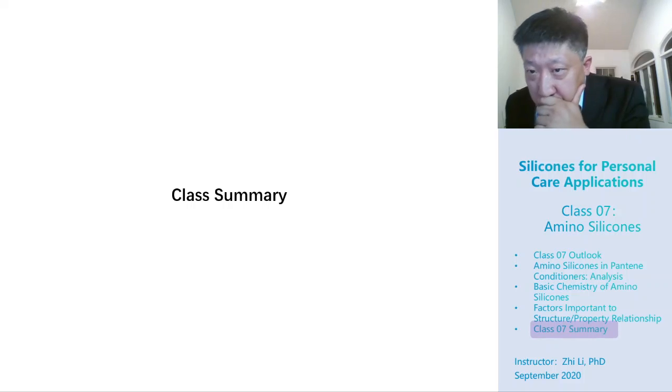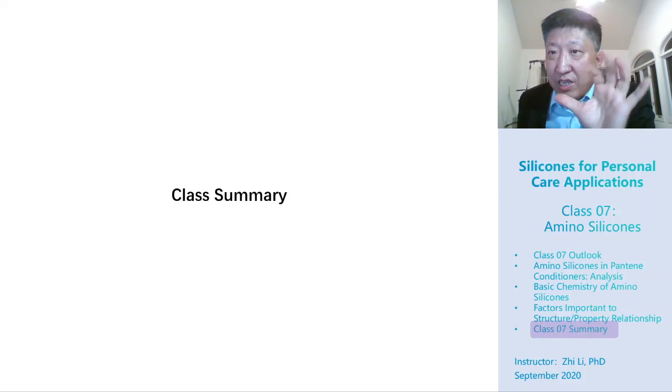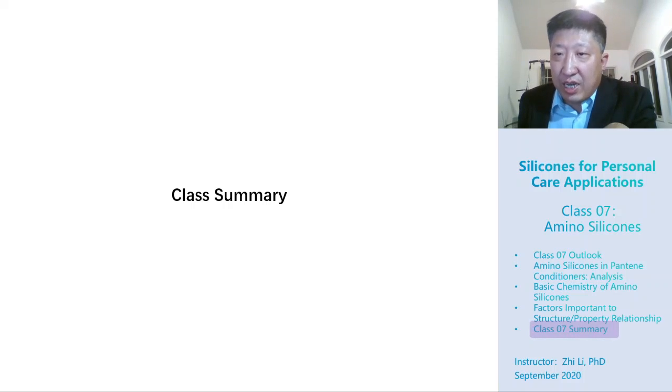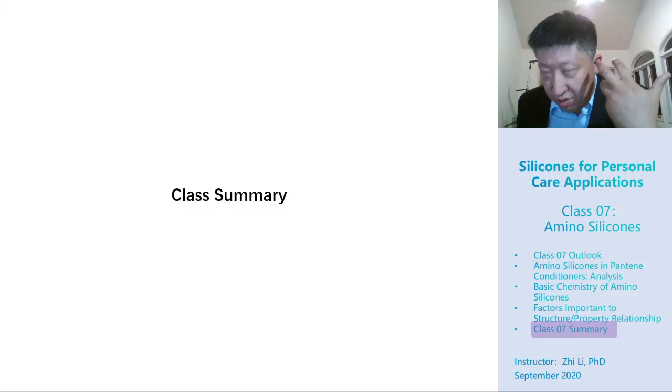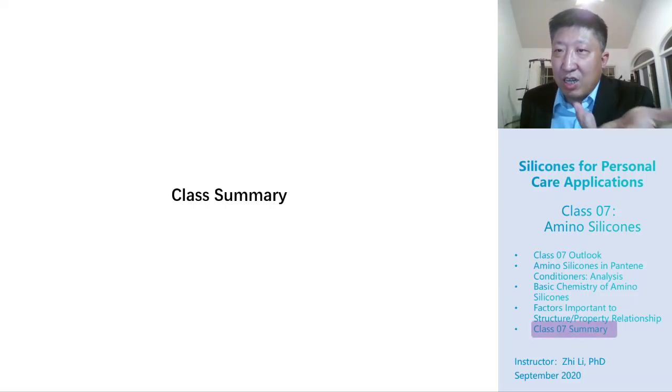And then we can also talk about other possibilities. That is this class. The next class we're going to talk about a summary of how silicone is used in hair care. Of course, in shampoo they want very good conditioning. Beyond that, a lot has to do with hair repair, silicone related.